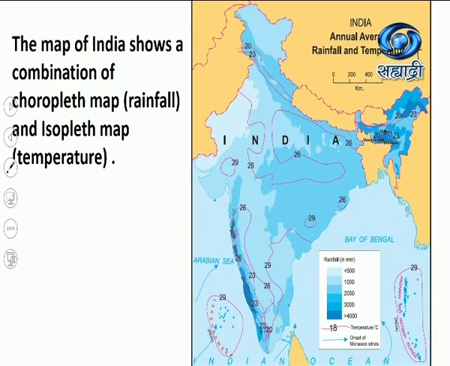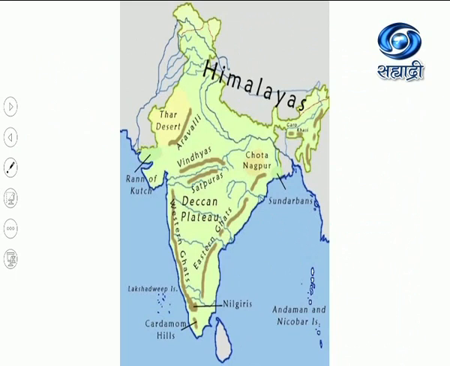Now, India's climate is monsoon type and the sun rays are perpendicular up to the Tropic of Cancer. You know that the Tropic of Cancer passes through this area. As a result, average temperatures are higher throughout the year. Also, temperatures increase towards the south.